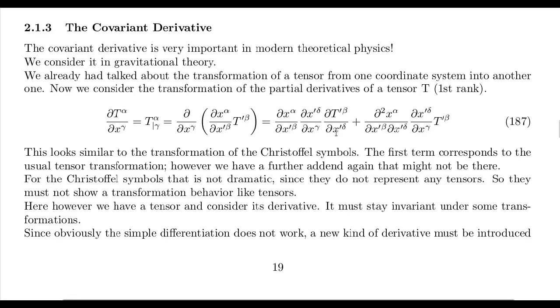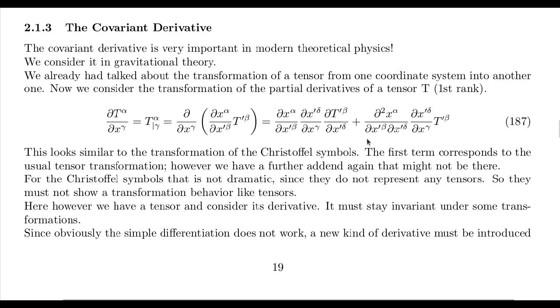So this is now obviously the transformation of a tensor here, a derivative of a tensor. And that looks similar to the transformation of the Christoffel symbols, but also with two terms.